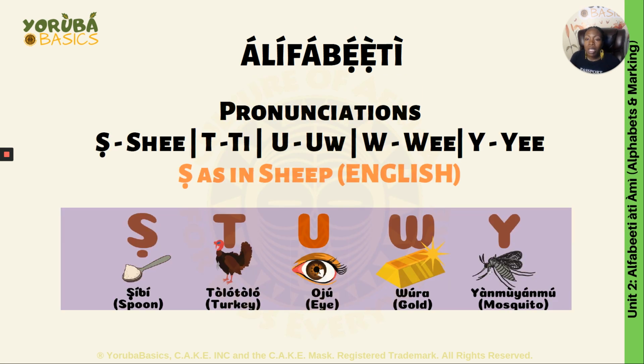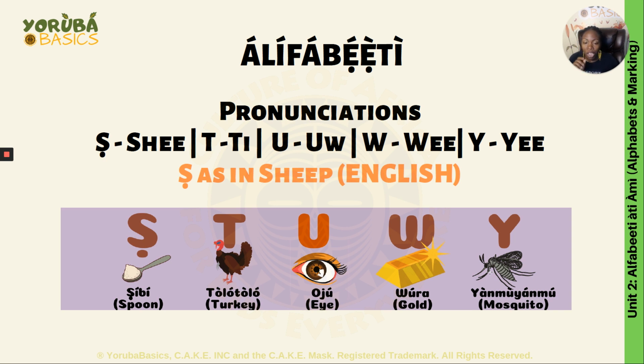Okay. So now let's continue on. The next set of alphabets is the sh, ti, u, we, yi. Now the equivalent of the sh in English is the sh. But here we don't put the h. We just put a dot under the s to signify that we're doing the sh sound.